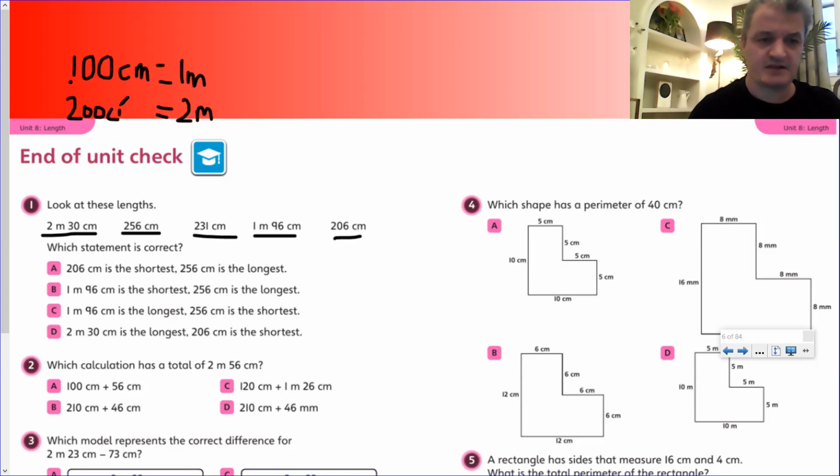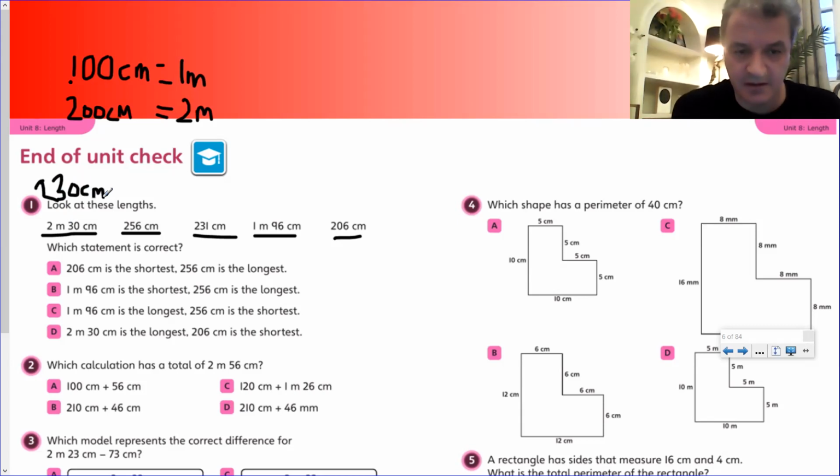Okay, so now what I'm going to write above this is instead of 2 meters 30, I'm going to write 230 centimeters. That is the same or equivalent to 2 meters 30. Which other measurement, which other length is in meters and centimeters?